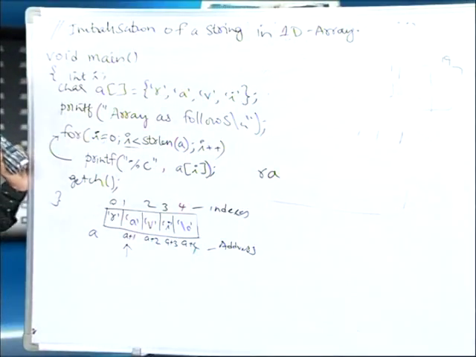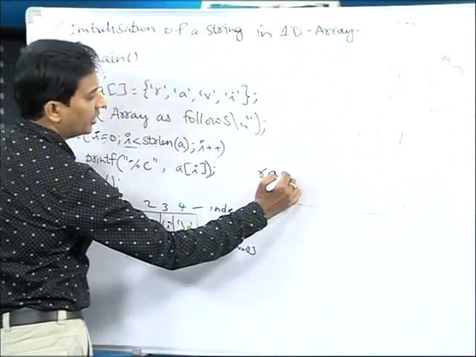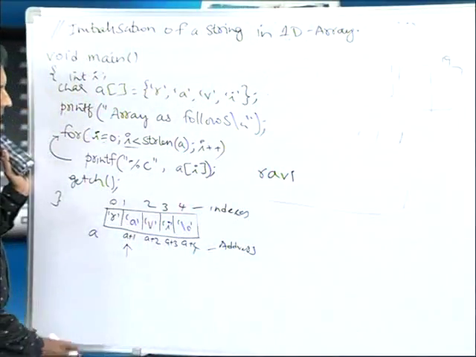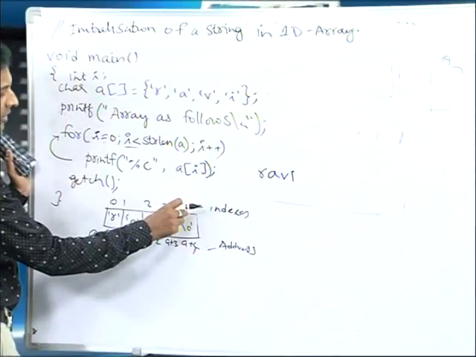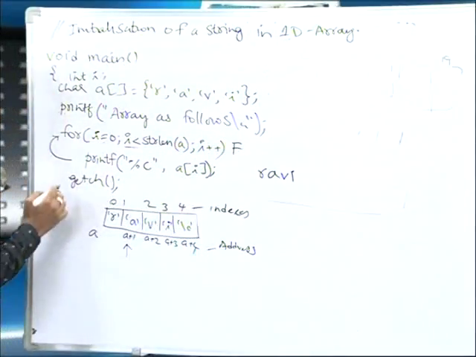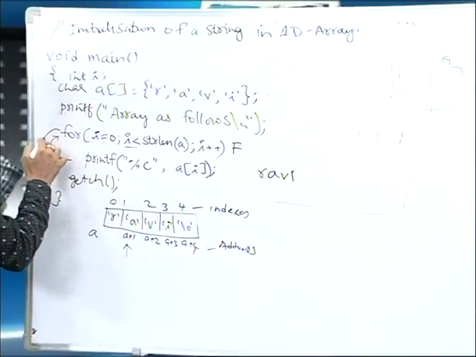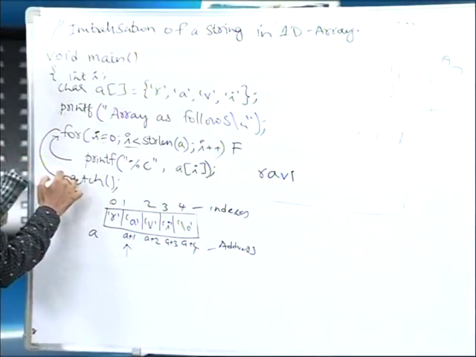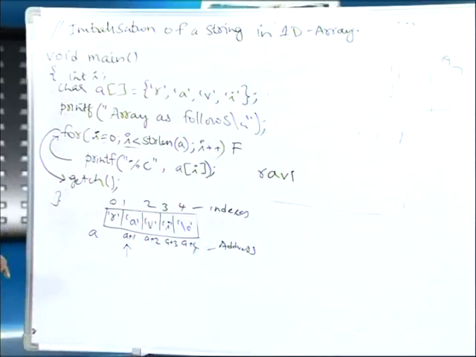Next iteration V. Next iteration I. Whenever the control comes here and the condition becomes false, control comes out of the looping statement. Getch will let us see the output without pressing Alt F5.